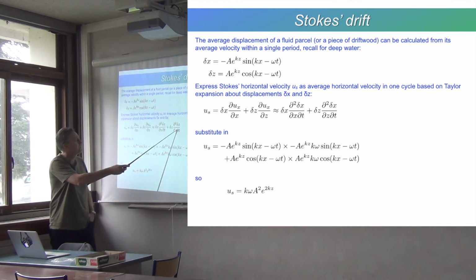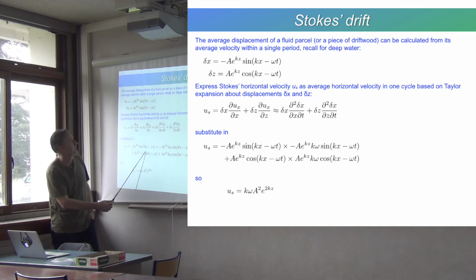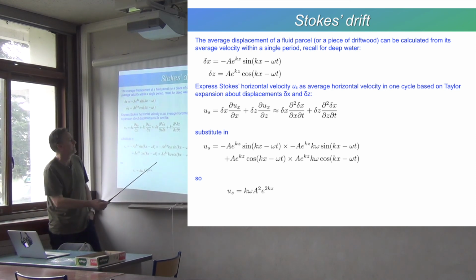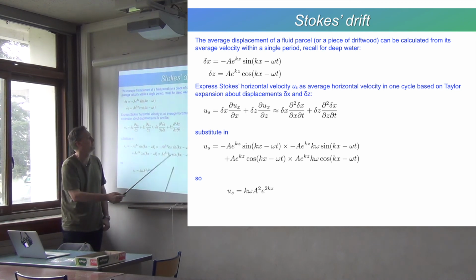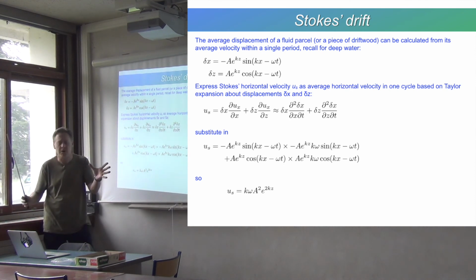For the second term, it's the same thing. We get this expression for delta z, and then we multiply it by the double derivative, a e to the kz times k omega, and again we have a squared cosine. So sine squared plus cosine squared just gives us 1.